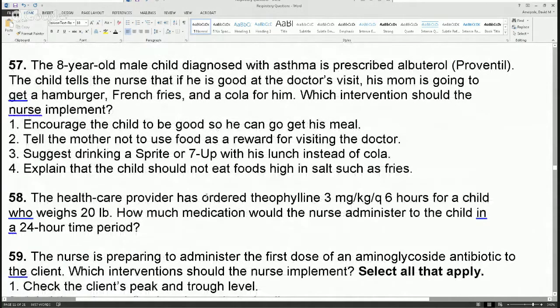All right, Jeff. An 8-year-old male client diagnosed with asthma is prescribed albuterol. The child tells the nurse that if he's good at the doctor's office, his mom is going to get him a hamburger, French fries, and a cola. Which intervention should you implement? Oh man, you love these questions. I was going to say, this is a bad question.